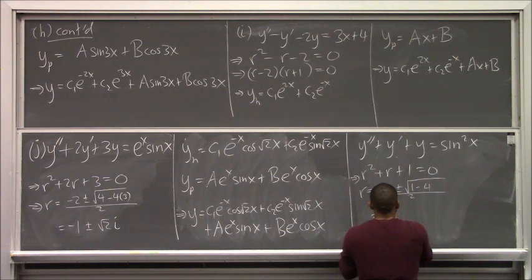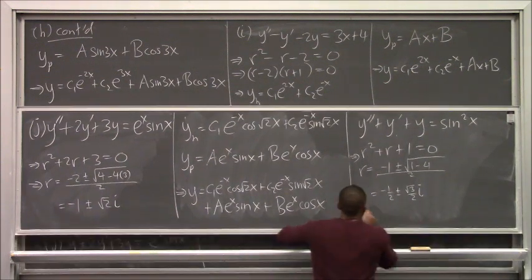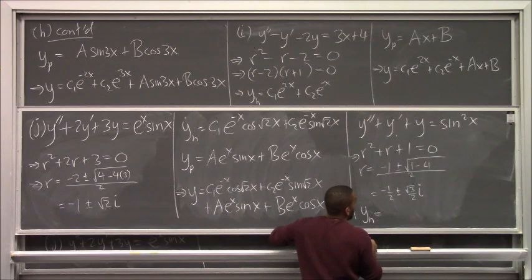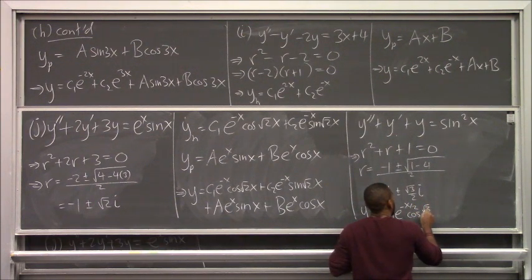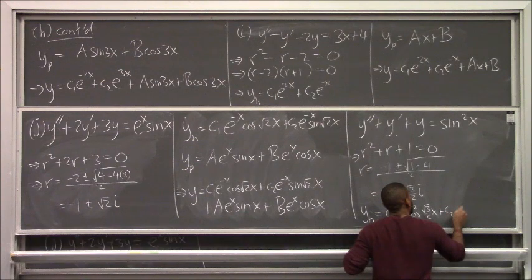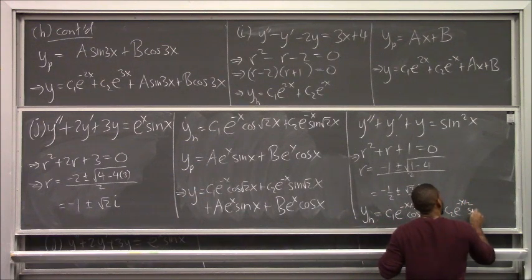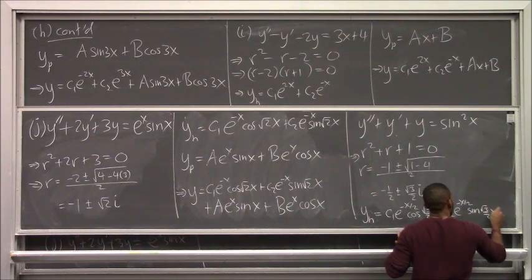So that's going to be minus 1/2 plus or minus radical 3 over 2 i. So our homogeneous solution is going to look like C1 e to the minus x over 2 cosine radical 3 over 2 x plus C2 e to the minus x over 2 sine of radical 3 over 2 x.